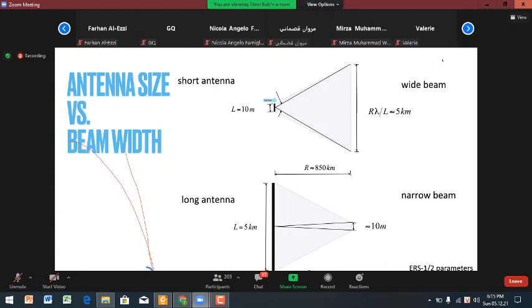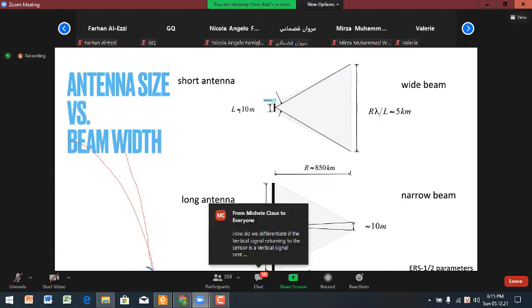The signal that's going out is in a really very wide beam. So for example, with a typical antenna size of 10 meters, at a given range you will easily end up with something like a 5 kilometer beam.